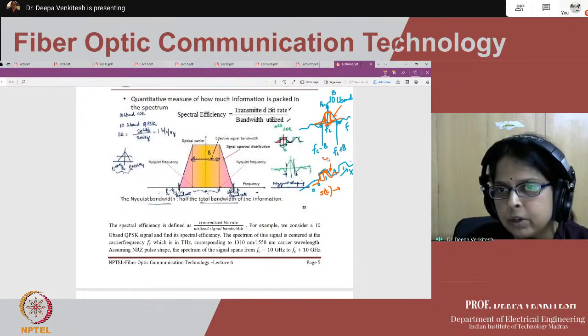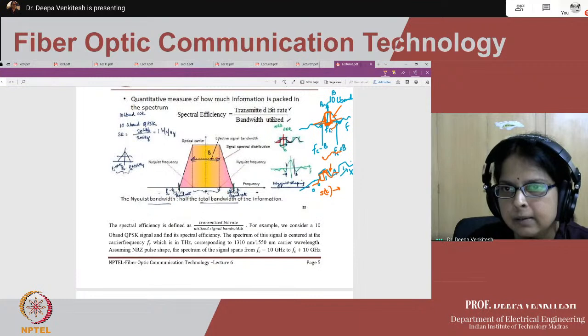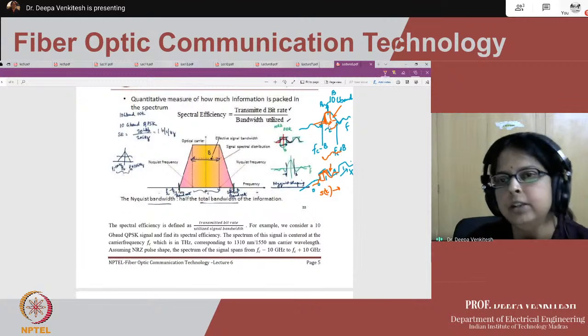Here it was occupying 2B, but what is the smallest bandwidth you can reduce it to?